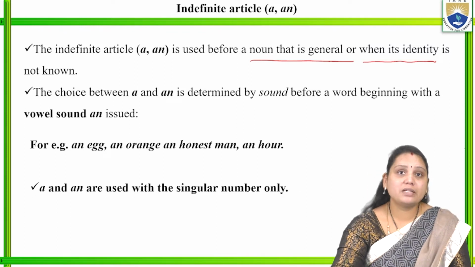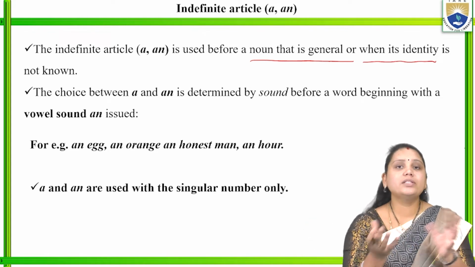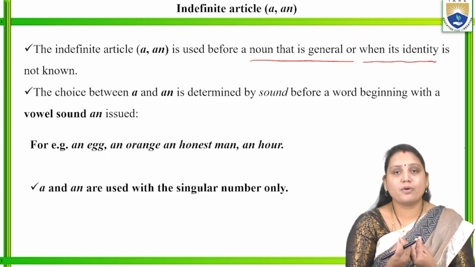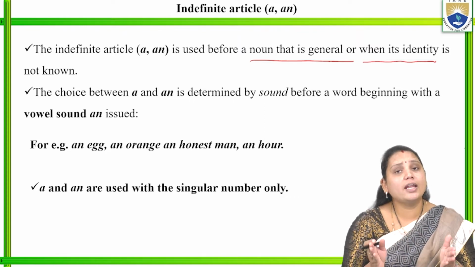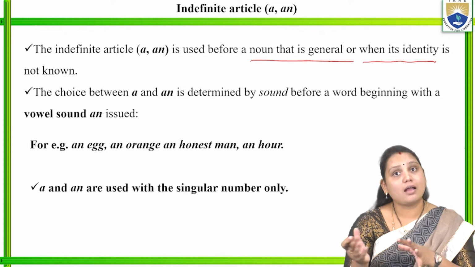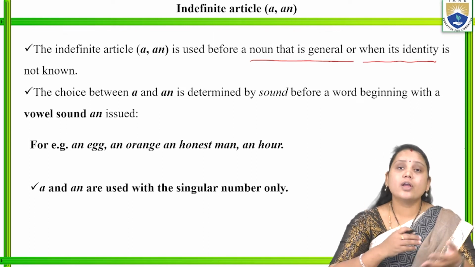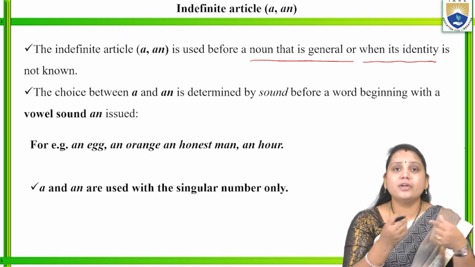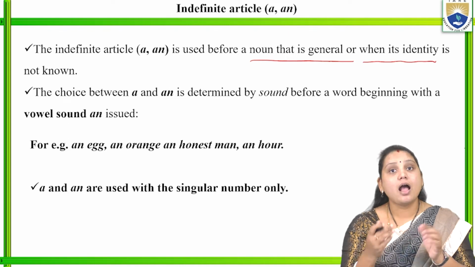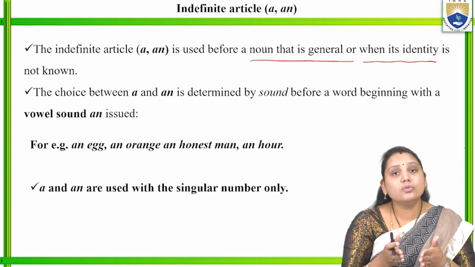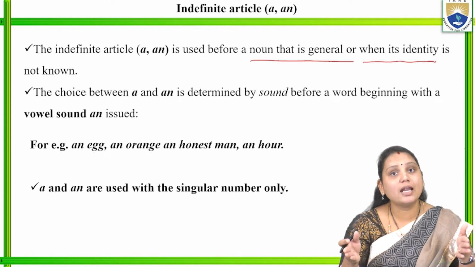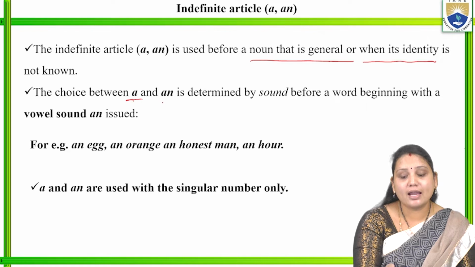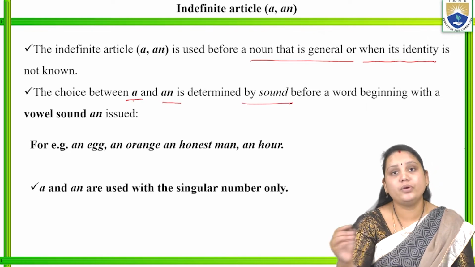Now, the choice between 'a' and 'an'. Both can be used for common things, for general information. But how can we differentiate the use of 'a' and 'an'? Again, a big question mark. You cannot use 'a' and 'an' for every common thing. You have a dilemma whether I should use 'a' or 'an'. How is that segregated? Now, the choice between 'a' and 'an' is determined by sound.